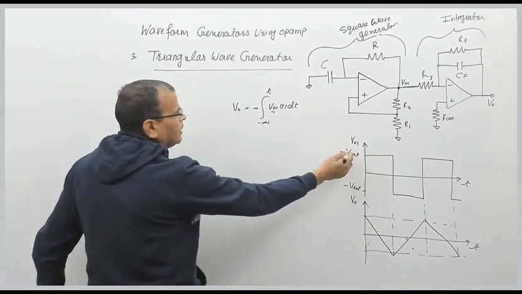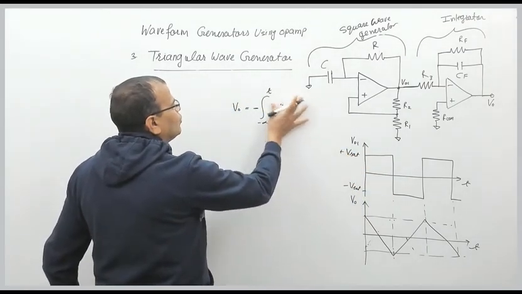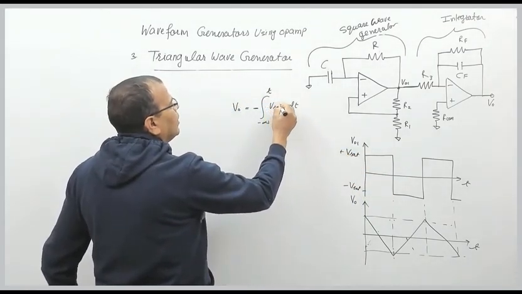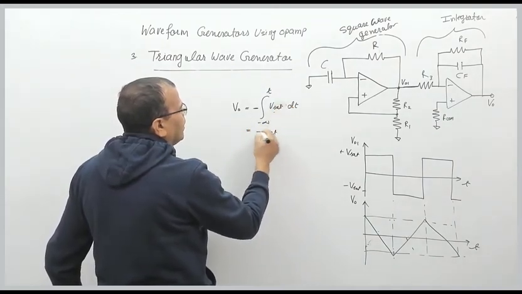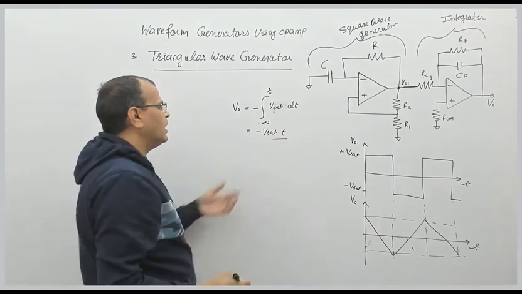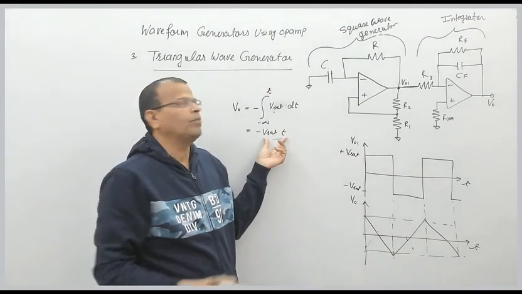If you integrate this positive level, it will be plus Vsat, or simply minus Vsat times t, which has a negative slope with some constant value.